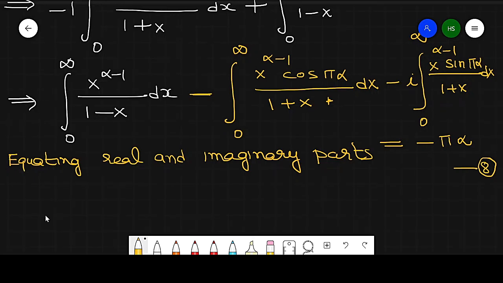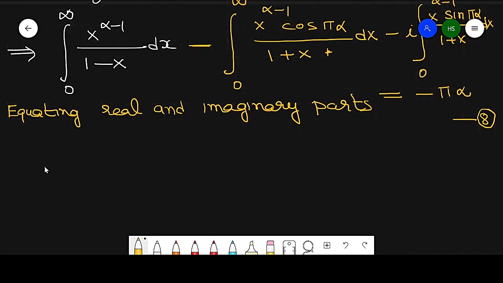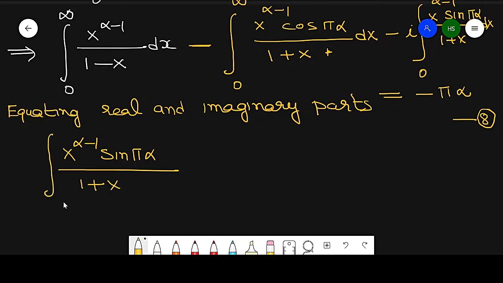First I take the imaginary part. So we get x raised to power alpha minus 1 into sine of pi alpha over 1 plus x, integration 0 to infinity dx, which is equal to pi iota.